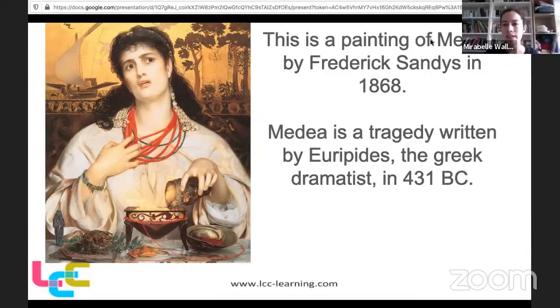Okay, so this is actually a painting by Frederick Sandys, an English pre-Raphaelite painter in 1868. This is a painting of Medea. So she's a famous Greek heroine, an ancient Greek heroine. Medea is a tragedy written by Euripides, a Greek dramatist, in 431 BC.